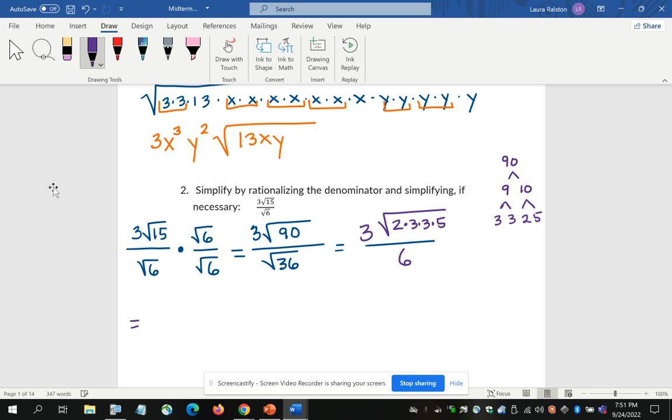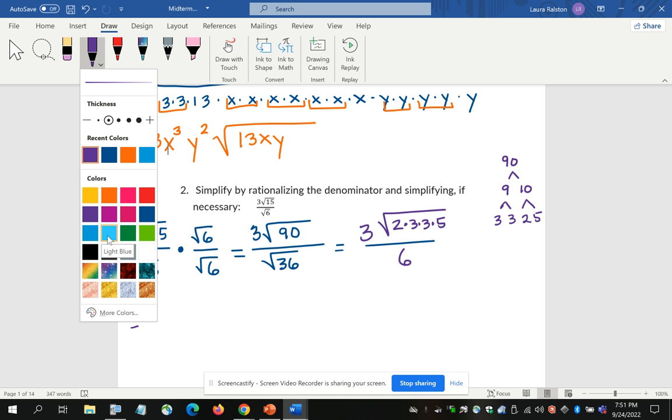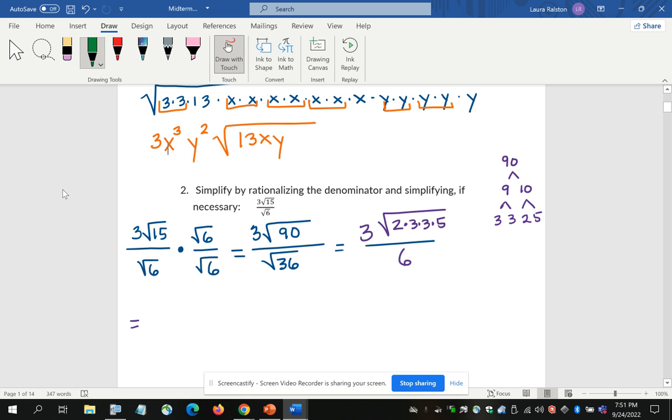Again, I'm looking for a pair of 2. So I have a pair of 3's, which are going to get released. So I have 3 times 3 on the outside, square root of 2 times 5, which is 10, over 6. So I have 9 square root 10 over 6.